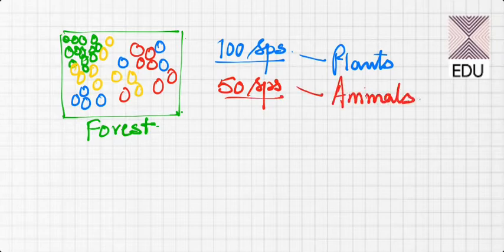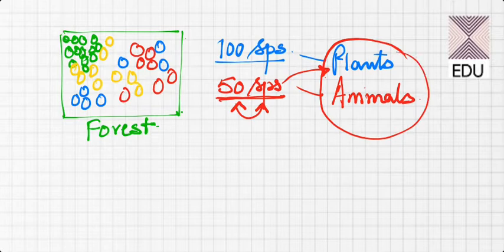They may be rats, cats, buffaloes, cows, any kind of animal. These 50 species of animals are interacting among themselves, and they are also interacting with the plants. So both types of organisms are interacting with each other.